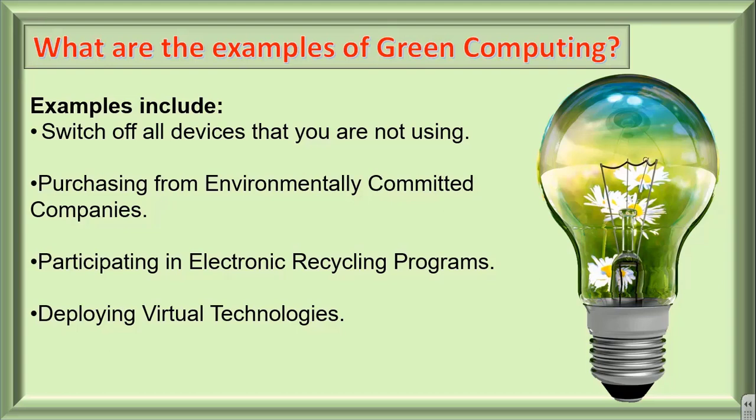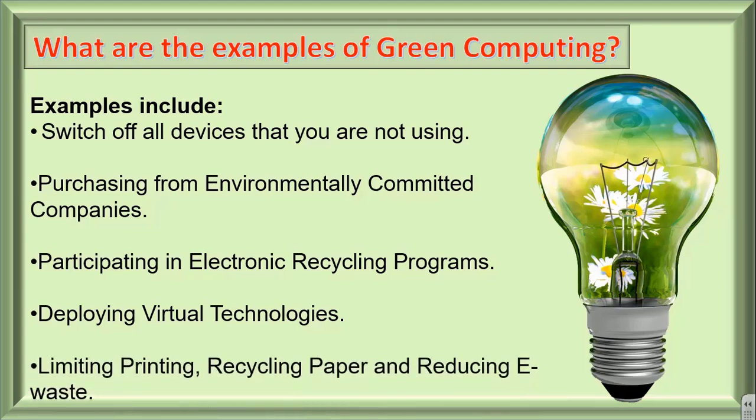For example, we can have video conferencing instead of traveling or making use of papers. Limiting printing, recycling paper and reducing e-waste. We must limit our printing, we must recycle paper and we must reduce our electronic waste. These are some of the examples of green computing.